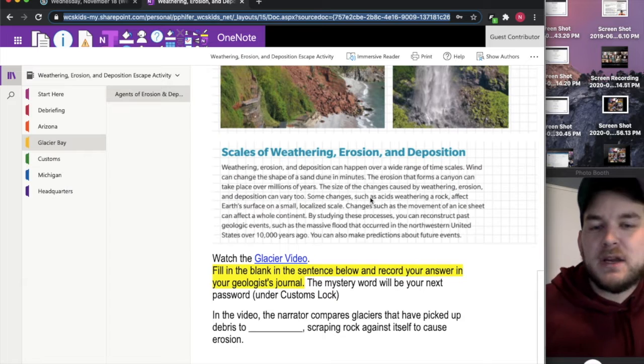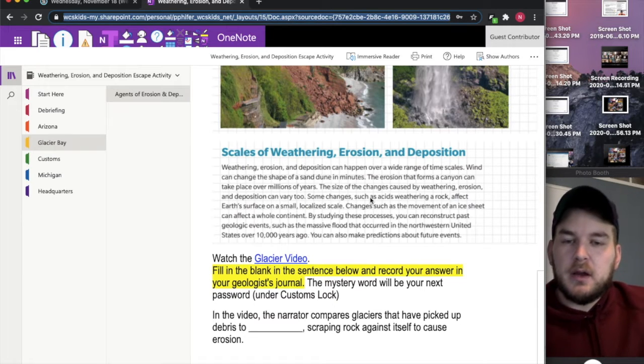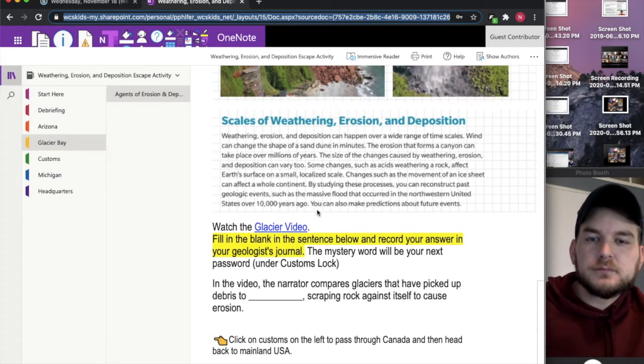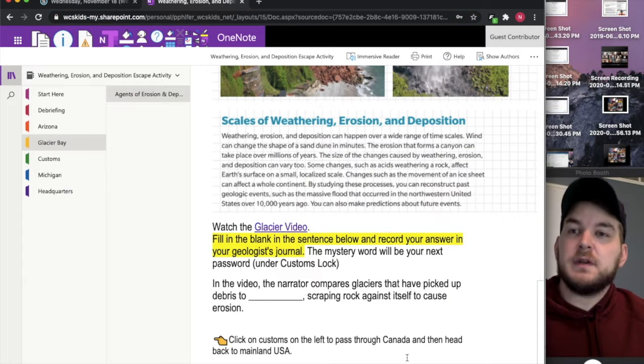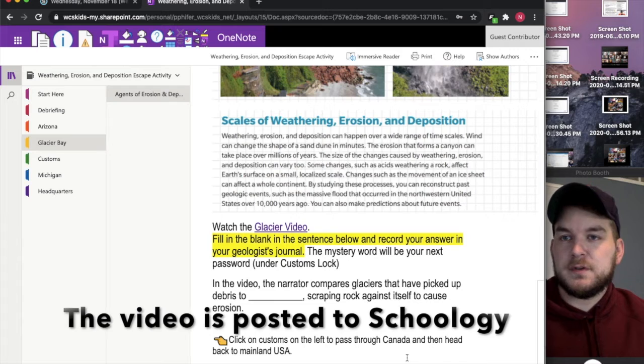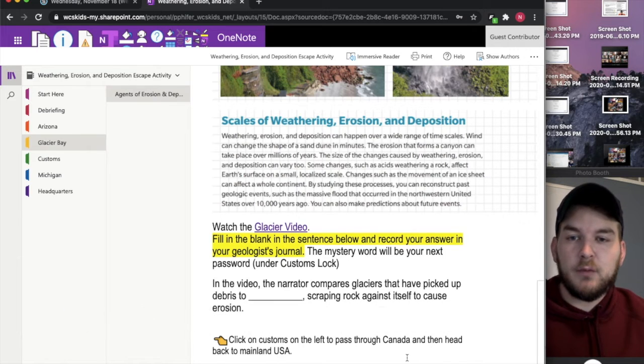Now moving back to the puzzle, it wants us to watch the glacier video. It's inside of the Schoology folder as well for you to go ahead and watch. It is typed glacier video. So go ahead and watch that.